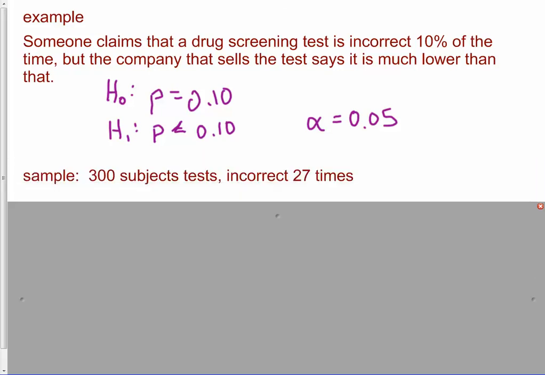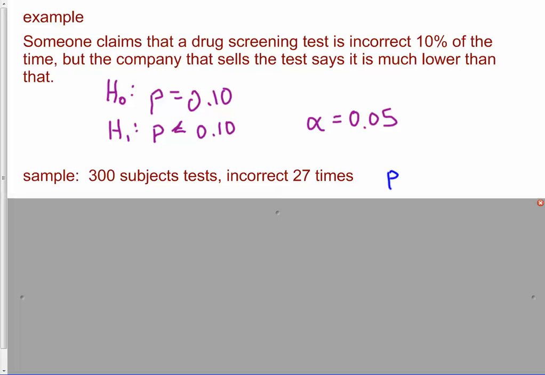All right. Now we have our data. And so we go out and we sample. We do 300 subjects and we put them through a drug screening test. And suppose this is a test of the test, so we know whether the 300 subjects have drugs in their system or not. So we can tell if the screening is correct or not. And suppose it's incorrect 27 times out of 300.